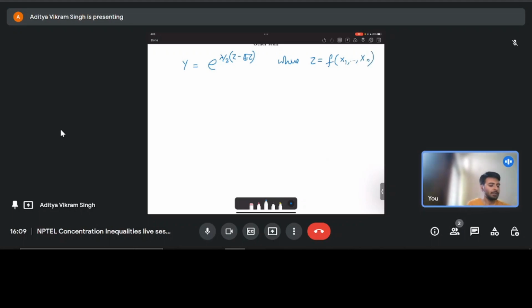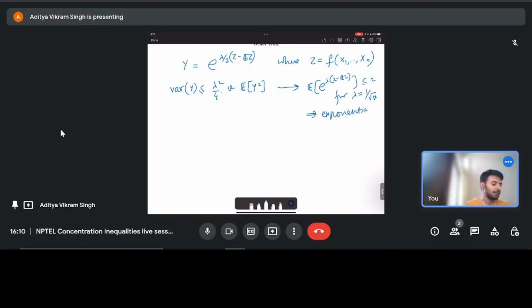In last week's lecture, we saw that if the variance of y is less than or equal to lambda square by 4 into v into expected value of y square, that gave us that the expected value of e power lambda by 2 z is less than or equal to 2 for lambda equals 1 by root v. This implies a sub-exponential tail.